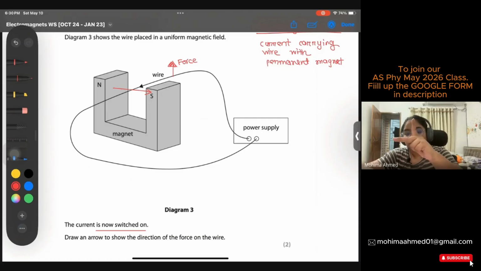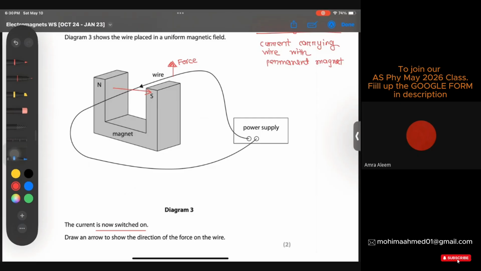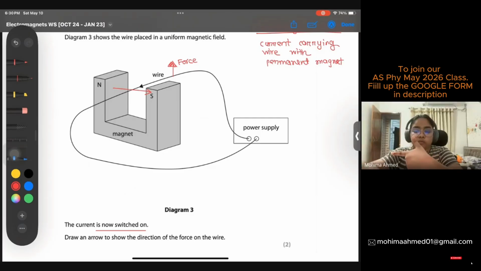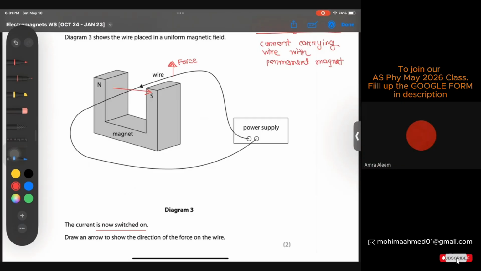I am considering that current is moving towards me, so I have to reposition this finger to this side, right? So if that finger is moving towards me, and the field line is moving from north to south, we get an upward force in this case. Right? So that's why we get an upward force. Is this clear now? Yeah, I've got it.